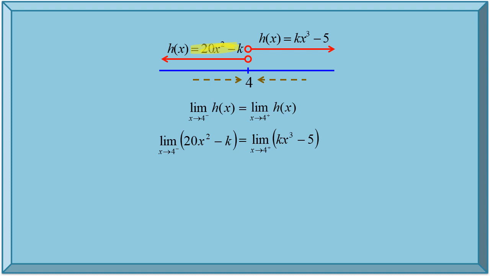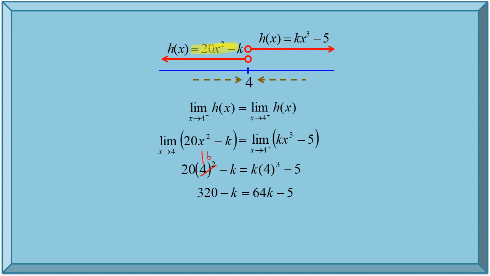Okay, so what we need to do now, we just substitute the value of 4. So it will be 20 multiplied by 4 squared minus k equal to k multiplied by 4 cubed minus 5. 4 squared is equal to 16. 20 multiplied by 16 is equal to 320 minus k, and on the right side 4 cubed is 64, so 64k minus 5.